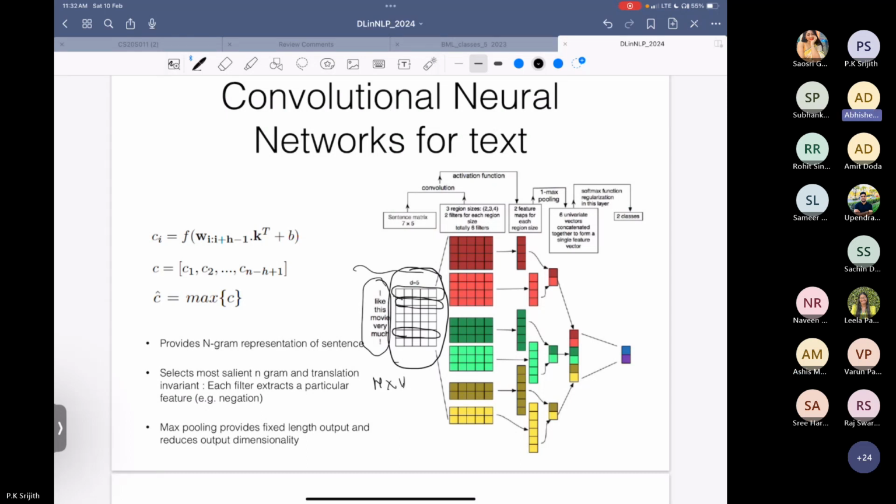Those small filters will not get the full context. Yes, I think that will depend on the context. If the context size is larger, then we will choose larger filters. We know how we are representing the input, right? Our input is represented in a certain manner: if the number of words is n and the vector representation for each word is v, then we are representing it as an n cross v matrix.